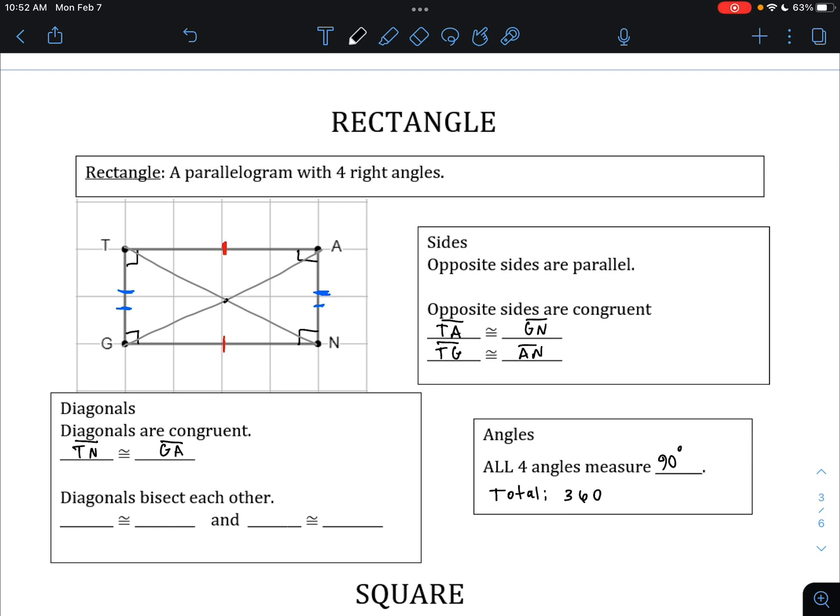So there is a point in the middle, call that M for the midpoint, such that the two halves of each diagonal are the same. So TM is congruent to MN.